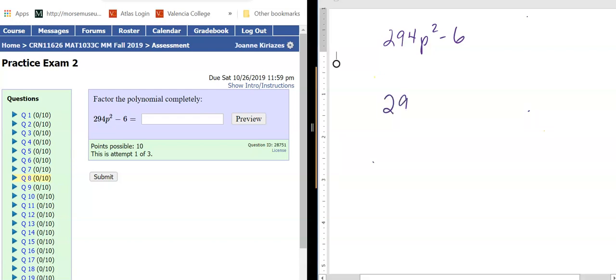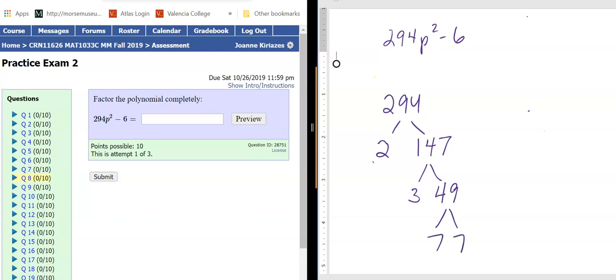But if you're not sure, you can always write the prime factor tree. So it'd be 2 and 1. What's that going to be? 47. And that's going to be 3 and 49. All right. So you can see, and then 6 will be 2 and 3.